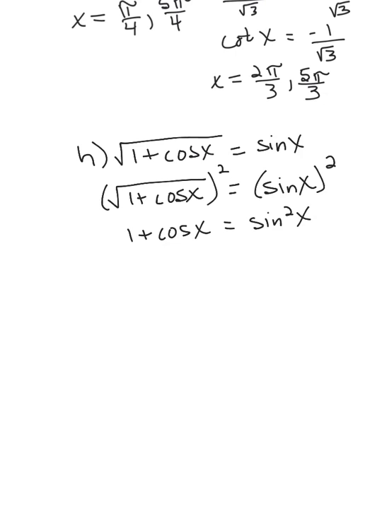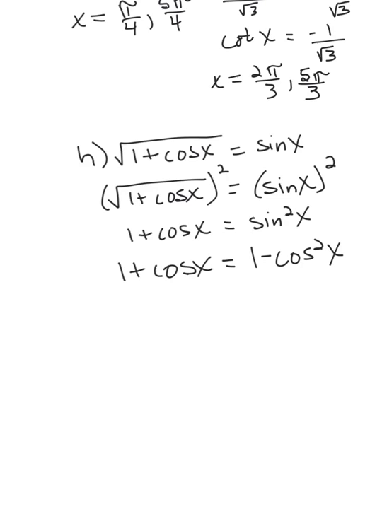You can't solve when you have two different trig functions. So I'm going to rewrite the sine squared by using my Pythagorean identity as 1 minus cosine squared. My left side is going to stay the same. My right side is going to become 1 minus cosine squared.